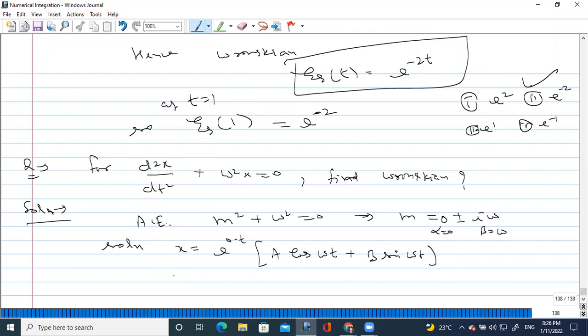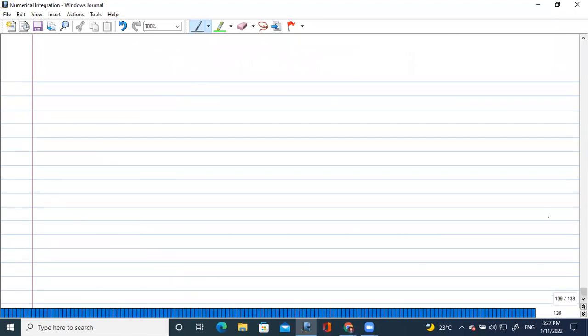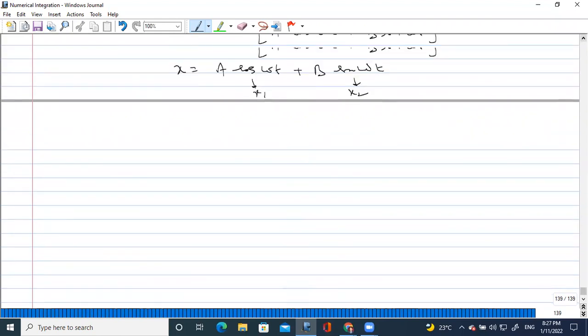Now I told you what the main terms are here: a cos omega t plus b sin omega t. So these are the main terms. One will work as y1 and the other as y2. In place of y1, y2, they will be x1 and x2 here. In the Green's function also I have used the same thing.